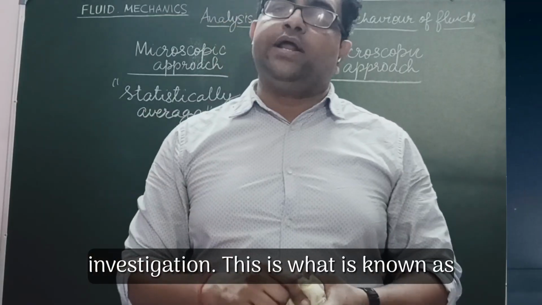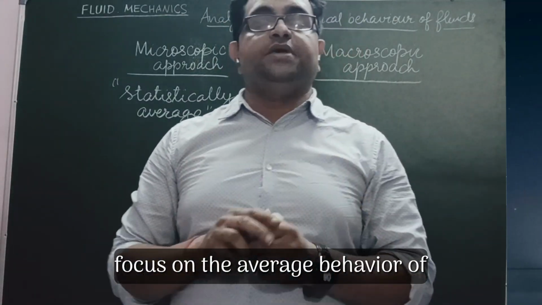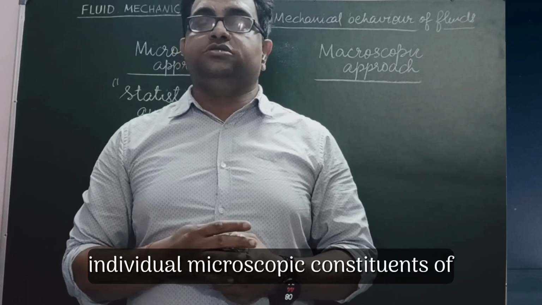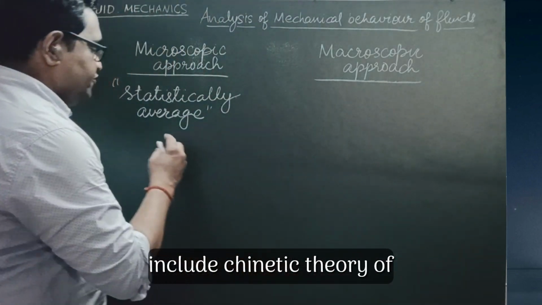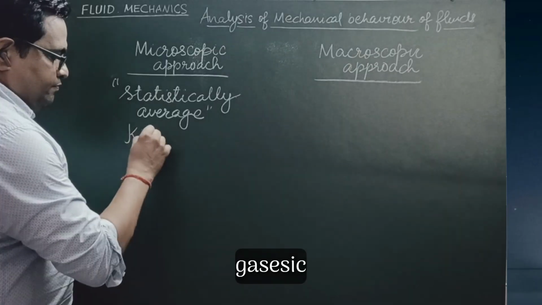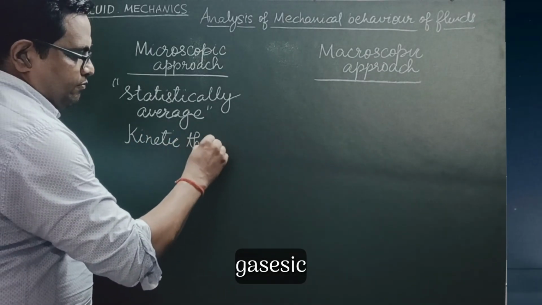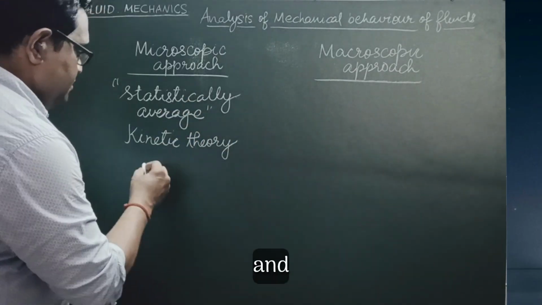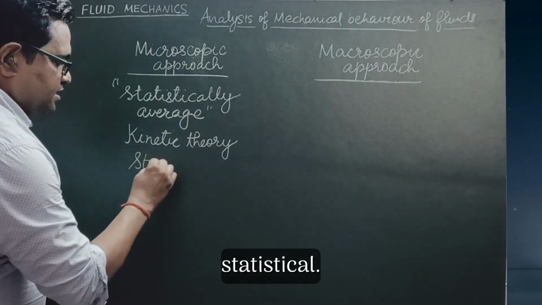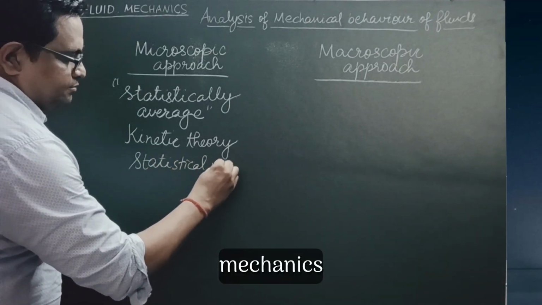This is what is known as the microscopic approach, where we primarily focus on the average behavior of individual microscopic constituents of matter. These examples include kinetic theory of gases and statistical mechanics.